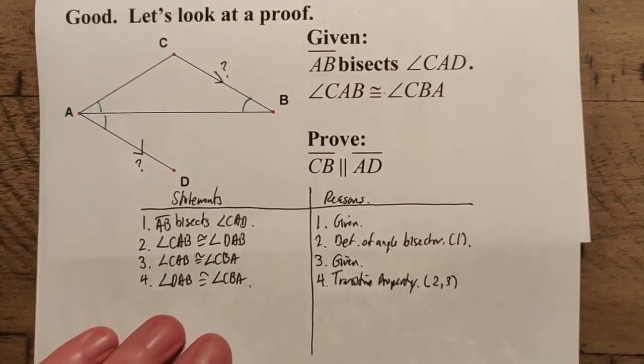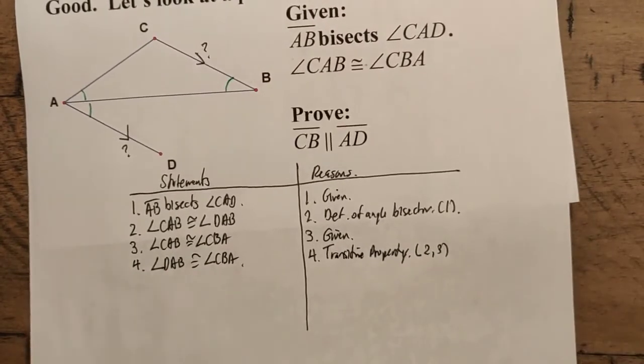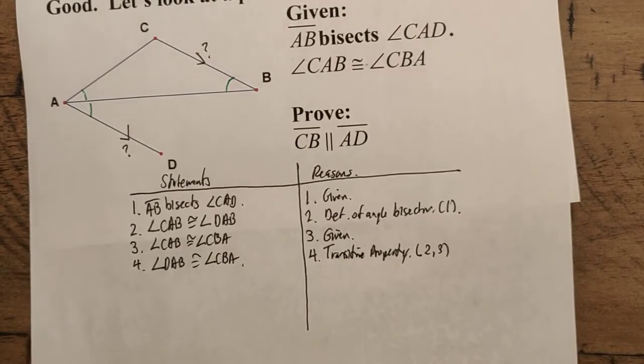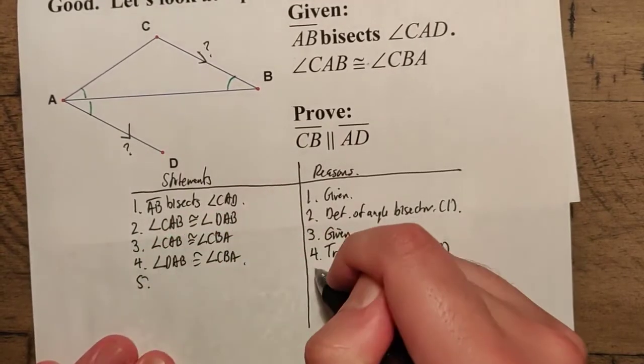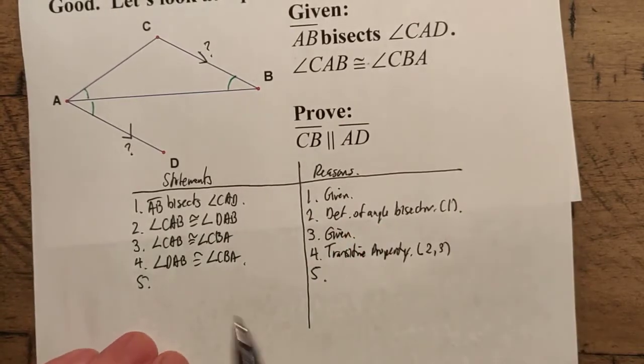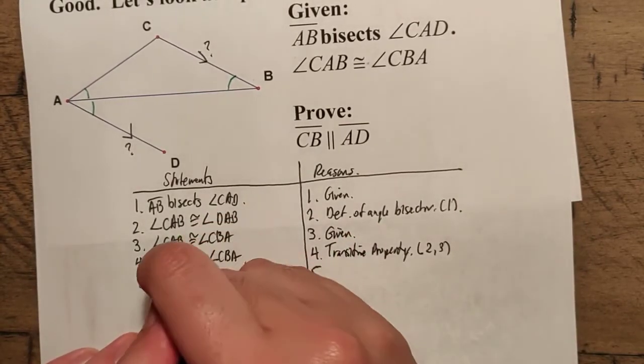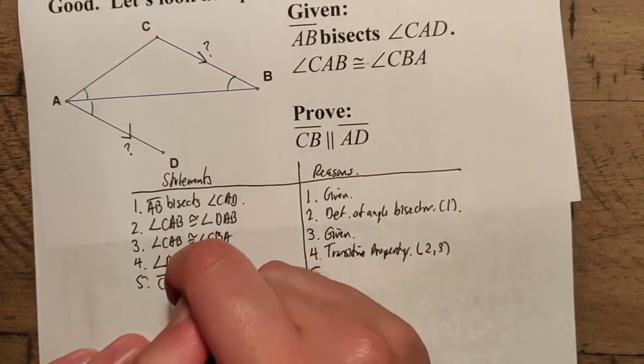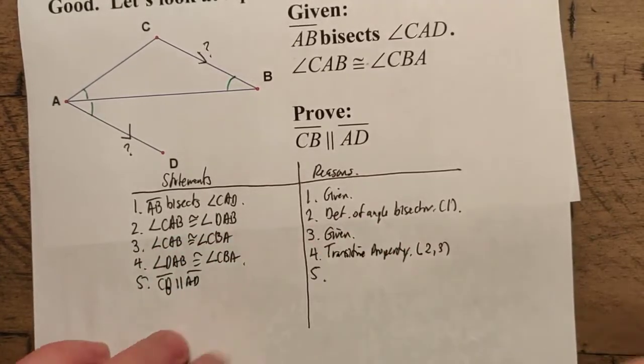So notice again, I'm still using the same construction I did from Boolean logic here, so you can see what statements each theorem is being applied to. And now we can finally put it all together. Now we have our alternate interior angles. So that guarantees us that CB is parallel to AD here.